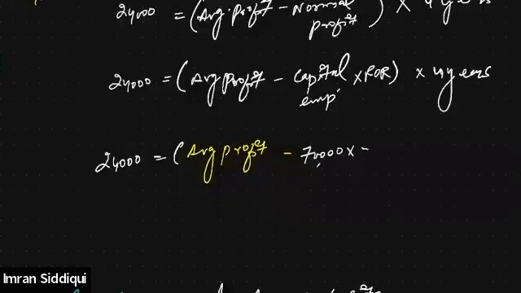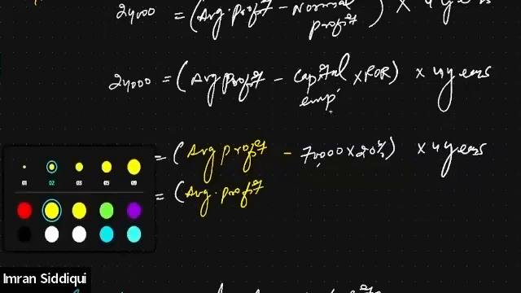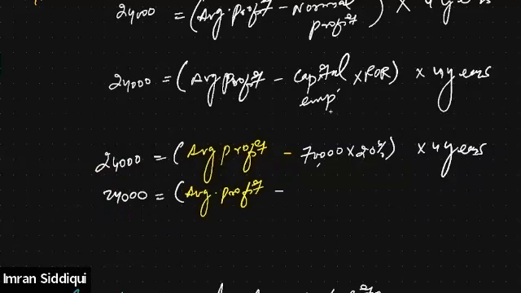We will multiply this with 20% and then 4 years. 24,000 minus the average profit, which is the thing we need to calculate, minus 70,000 into 20%. 20% of 70,000 is how much? 14,000, into 4 years.